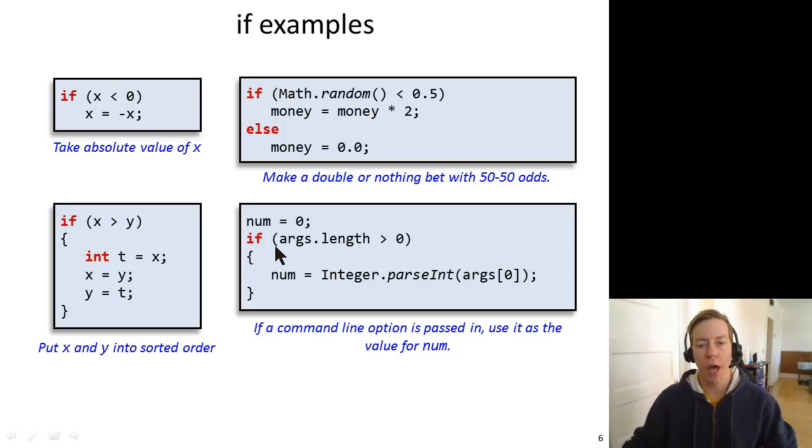If so, then go ahead and convert that first command line argument and put it into the number variable. This will prevent the program from crashing. This is good, this is optional, because if there are no arguments in that args array, then doing this num equals line is dangerous and will crash your program.